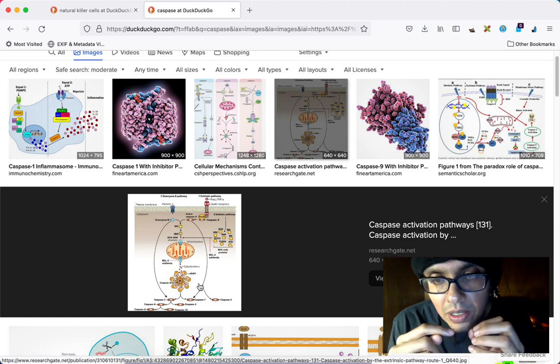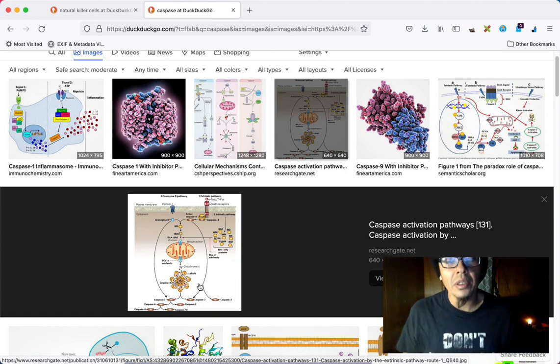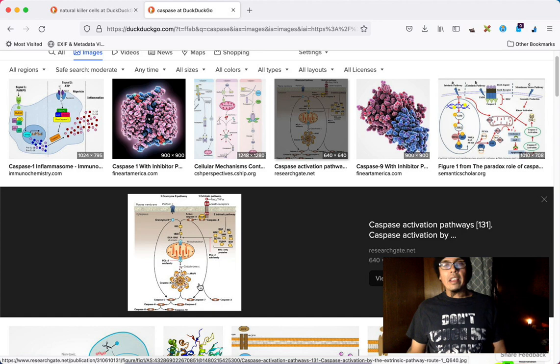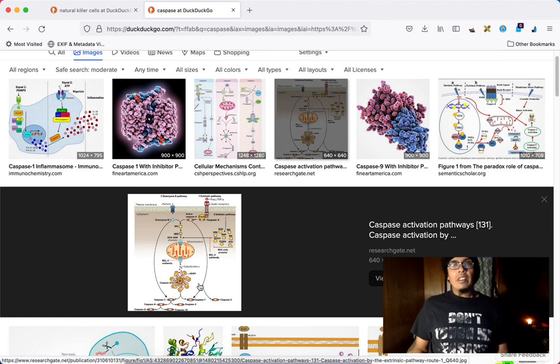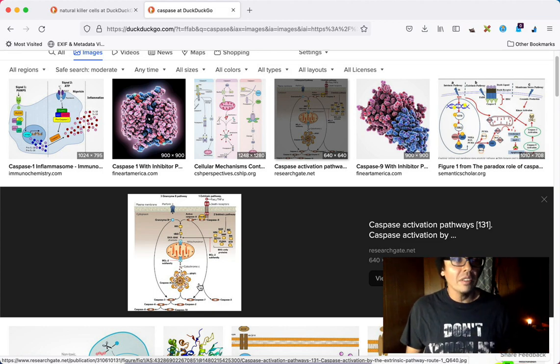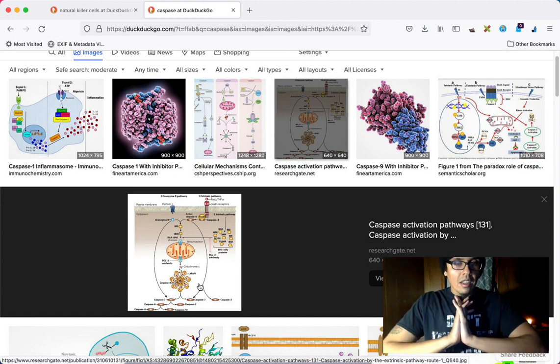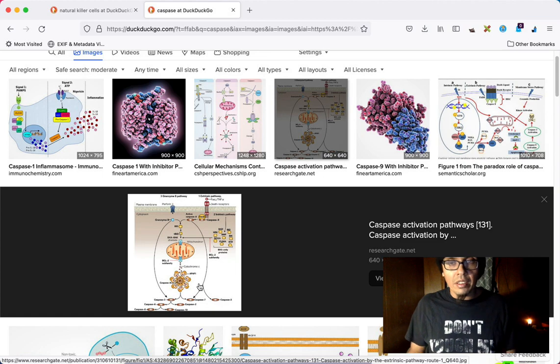Once they do that, they will release perforin. So they kill in the same way, but remember, they're geared towards specific antigens, while natural killer cells' activation and inhibition pathway that activates the caspase cascade is non-specific. Therefore, it's needed in immune response.